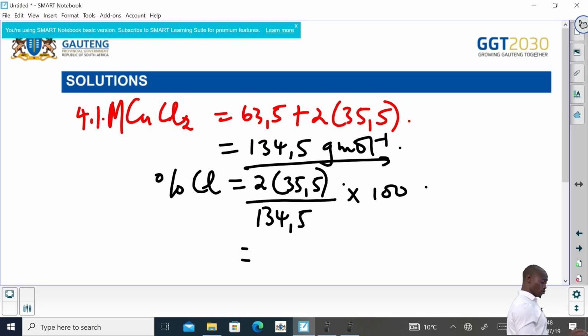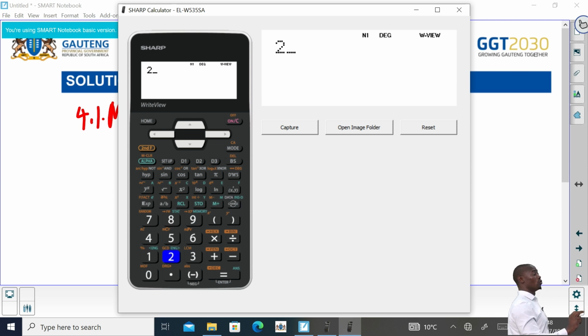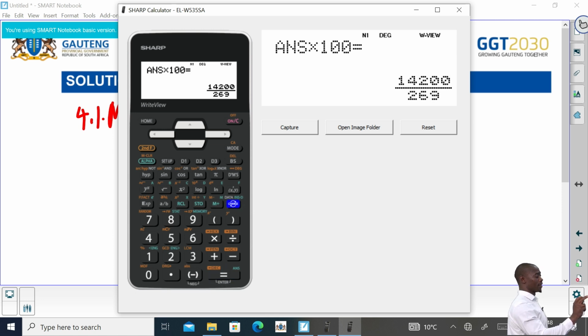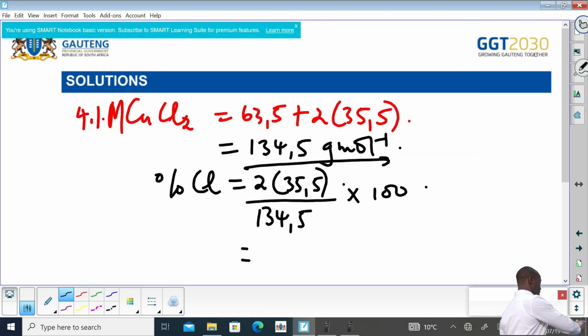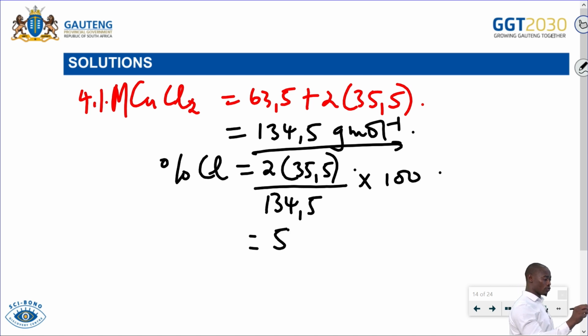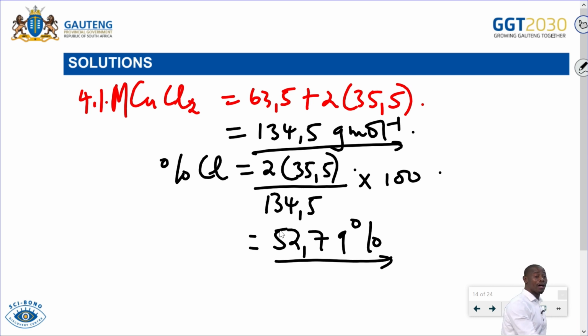So you have 2 times 35.5, which is 71, divided by 134.5, multiplied by 100. So the percentage is 52.79%. That is the percentage of chlorine in copper 2 chloride.